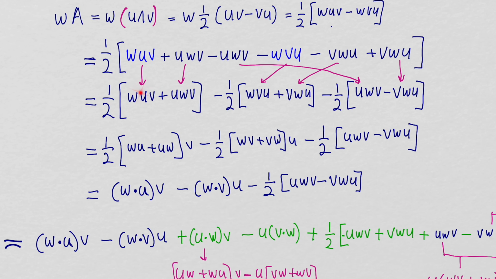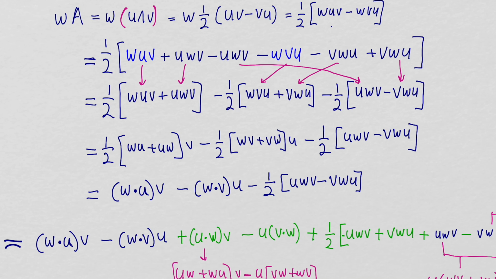So we move the WUV, WV goes here, and we're going to add to it UWV, and then subtract UWV. So we're adding 0. And then we have the minus VWU part from our previous line, and we bring down WVU, and we subtract VWU, and we add VWU. So that's adding 0. So we've taken this and added 0 in this unique form.